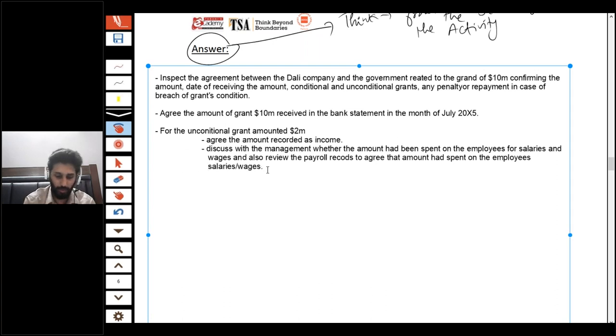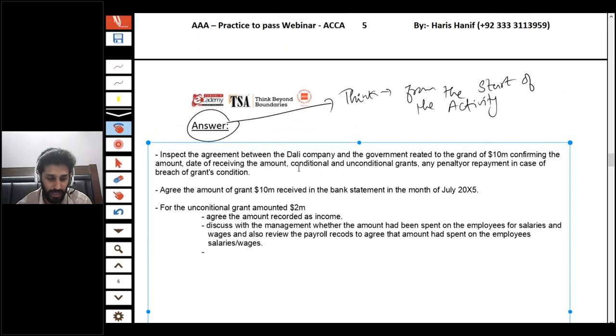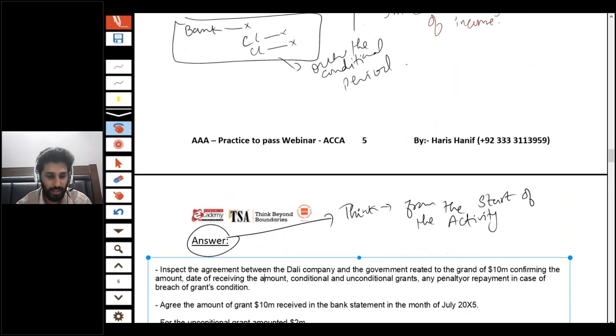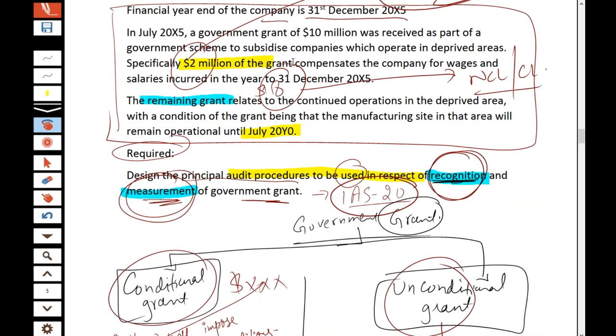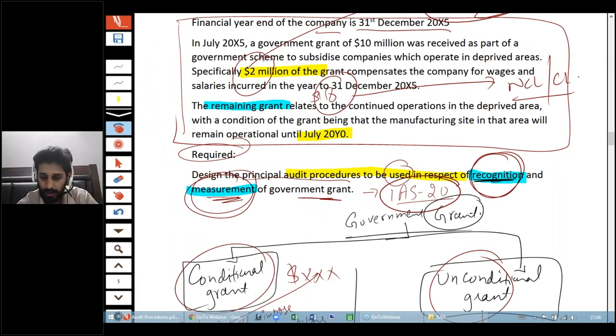Now, one more important procedure is that you can also review the bank statement of the company, that these amounts had been credited to the employees' accounts, because it was simply mentioned that this $2 million grant compensates for the wages and salaries for the year ended 31st December 2025. All right, so this should be the case to verify this.